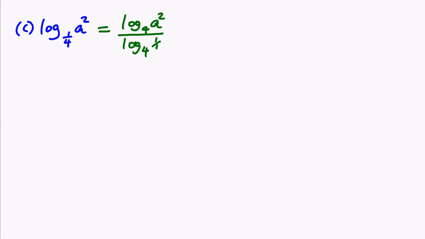Part C of this question, you have log to base a quarter of a squared. So the first step that I'll do is to change the base. So I'll end up with log to base 4 of a squared over log to base 4 of a quarter, which will be, and from the numerator I can bring the 2 to the left, so I'll remain with 2 log to base 4 of a over log to base 4.